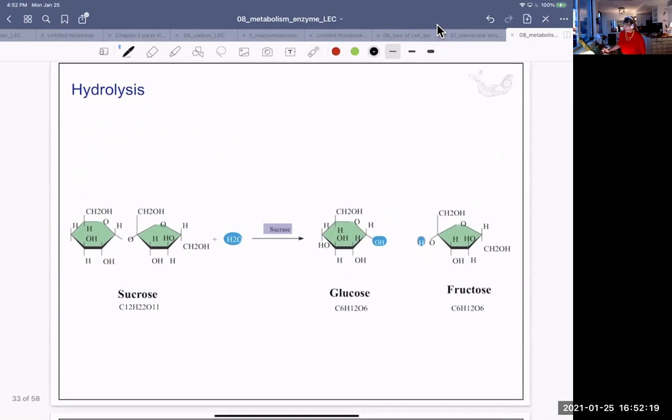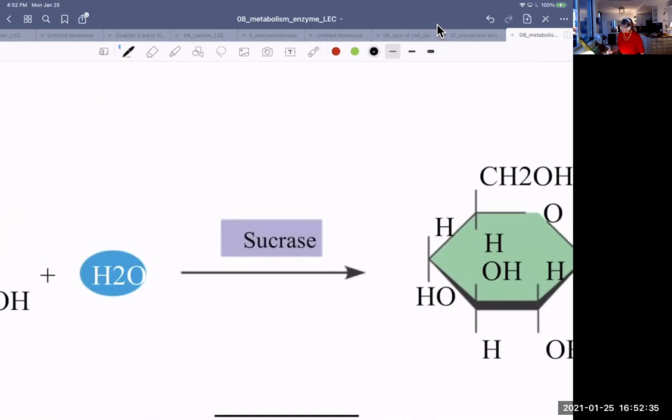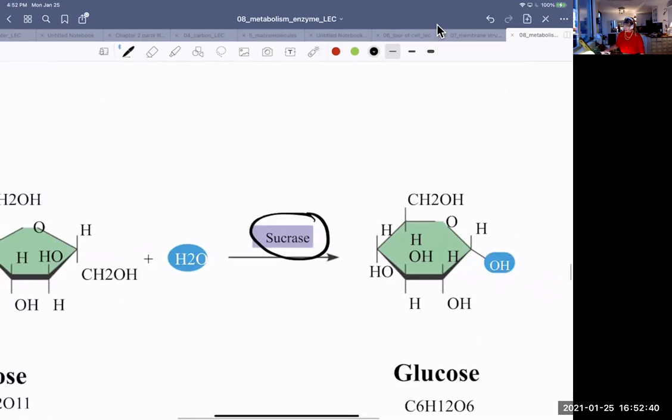So what has to happen for a chemical reaction to take place? Well, one type of chemical reaction is hydrolysis. That's spontaneous digestion, just breaking things down. Here's sucrose. It gets digested by sucrase, very nicely named enzyme.